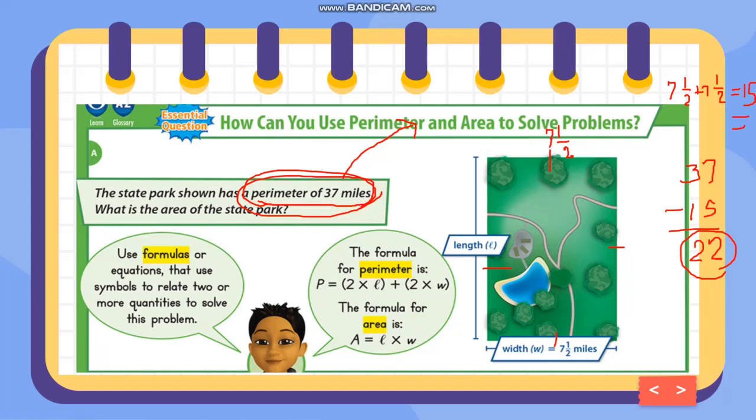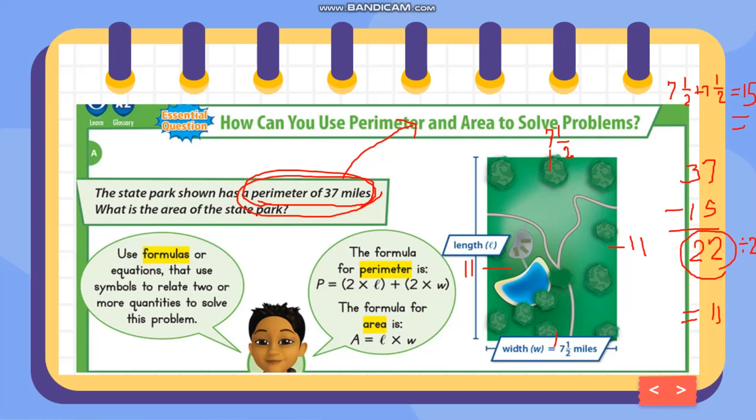How are we going to distribute the 22? We divide 22 by 2 to get each side. 22 divided by 2 is 11. So this is 11 and this is also 11.